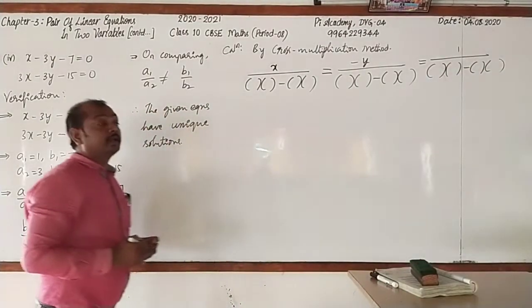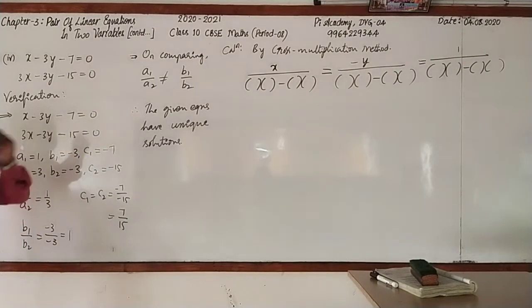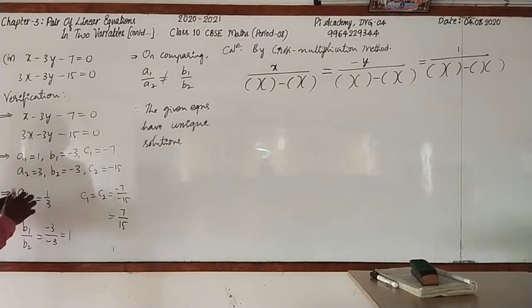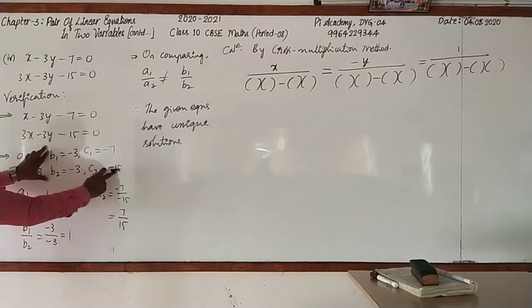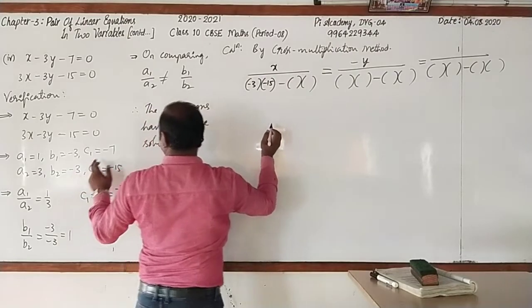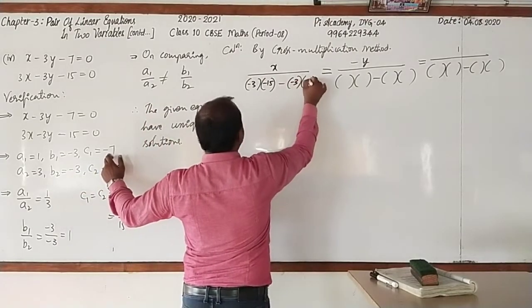Okay. Now let us fill them in. See that for x, leave a1 and a2, take the remaining. Cross multiply: minus 3, minus 15, and minus 3, minus 7.